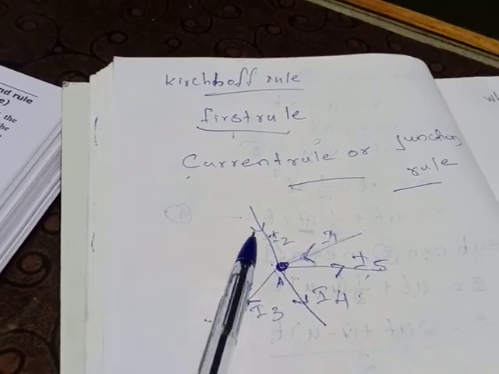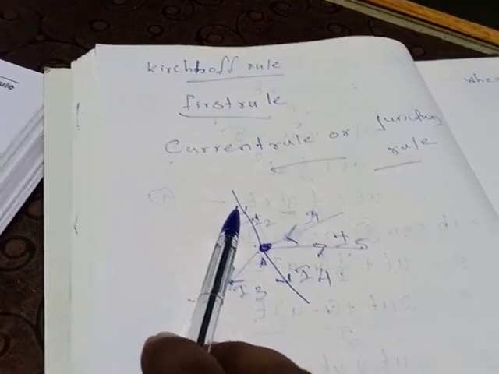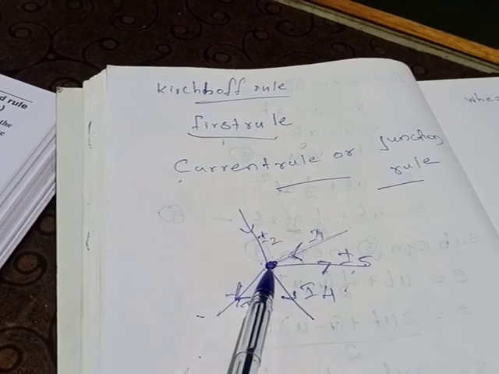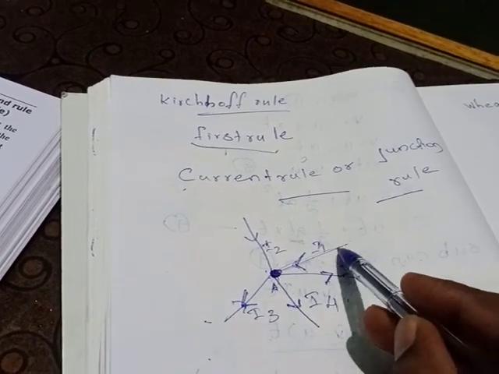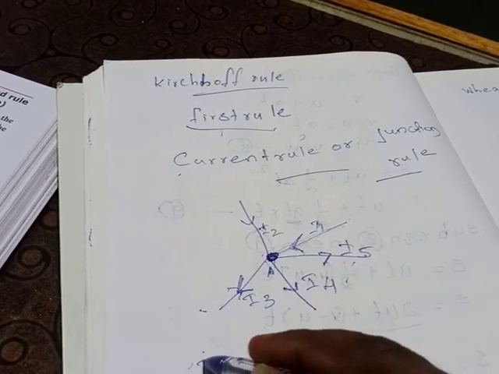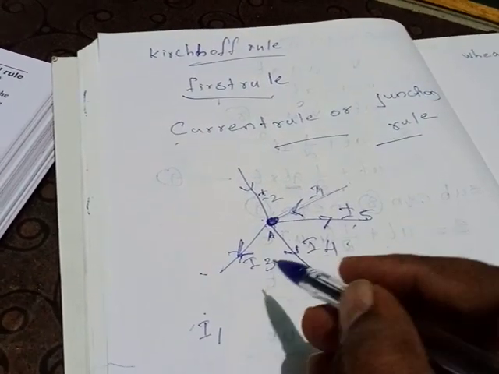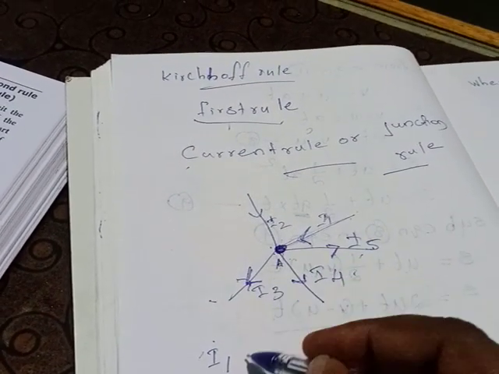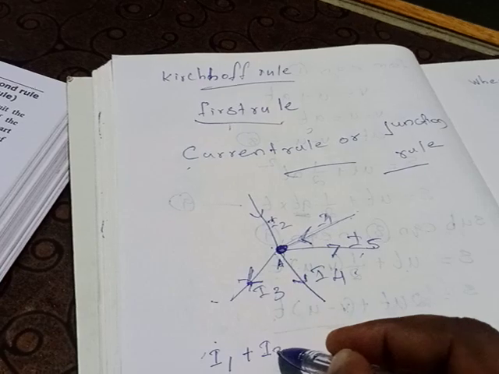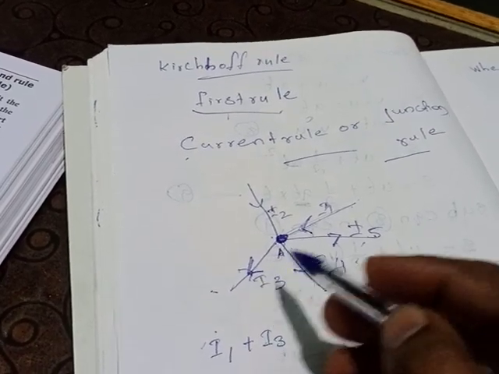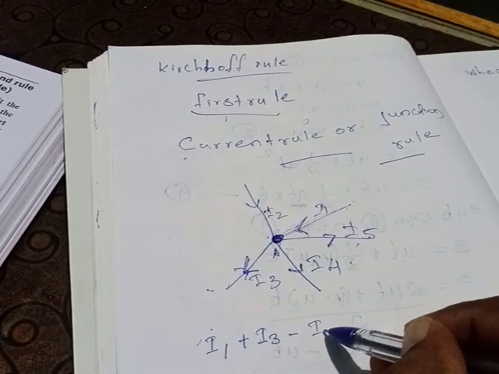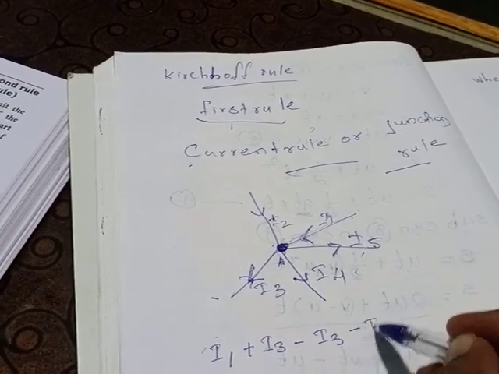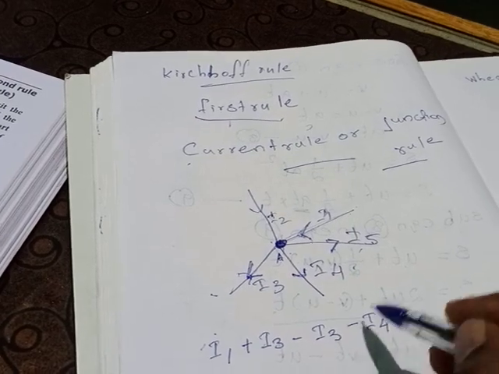Let us apply this Kirchhoff's first rule on this junction A. I1 is moving towards the junction, so plus I1. I2 is moving towards the junction, plus I2. I3 is going away from the junction, minus I3. I4 is going away from the junction, minus I4.